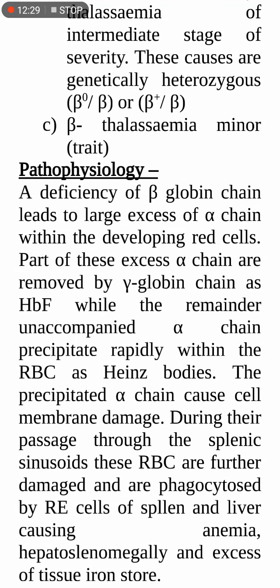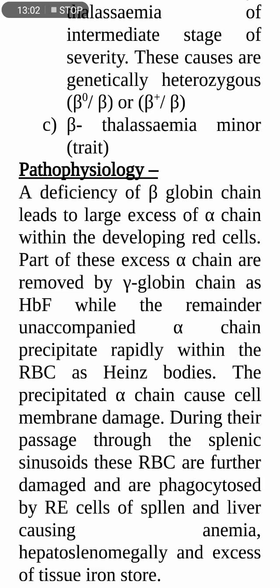As there is a deficiency of beta chain, it leads to a large excess of alpha chain within the developing RBC. Part of this excess alpha chain is removed by the gamma chain to form hemoglobin F, and the remaining alpha chain gets precipitated under the RBC membrane, forming Heinz bodies.